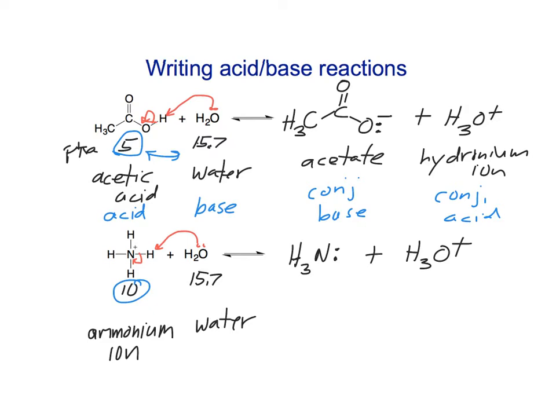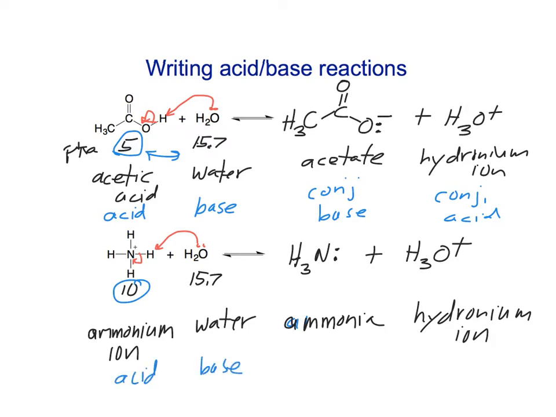So we have ammonium ion, we have water, we have ammonia, and hydronium ion. We have our acid, we have our base, we have our conjugate base, and we have our conjugate acid.